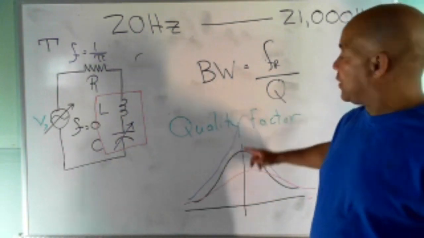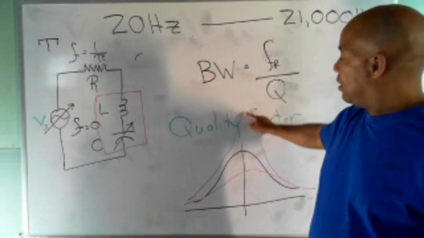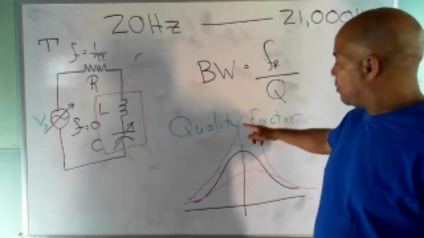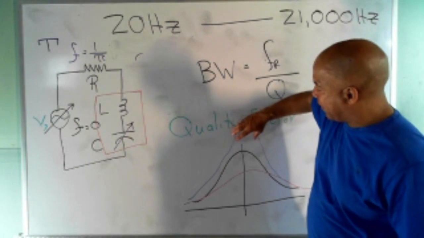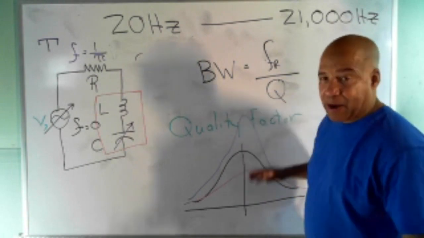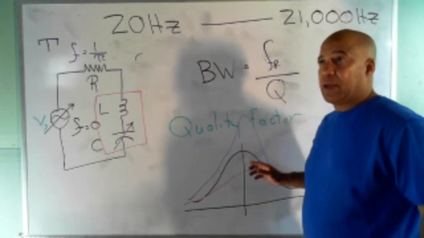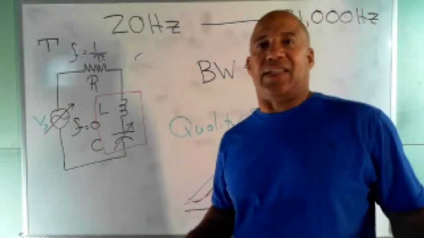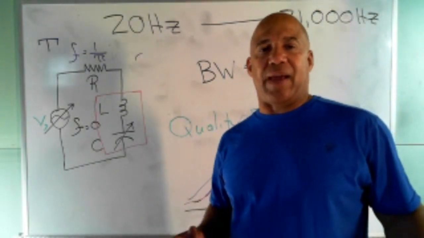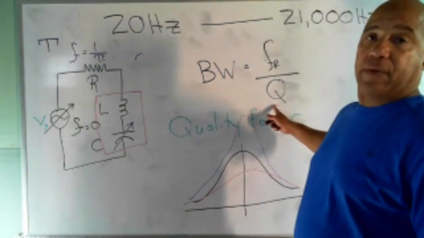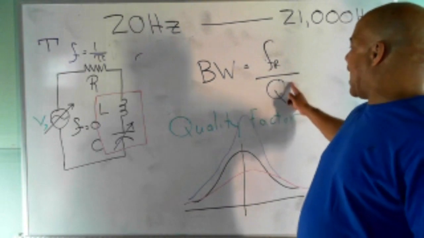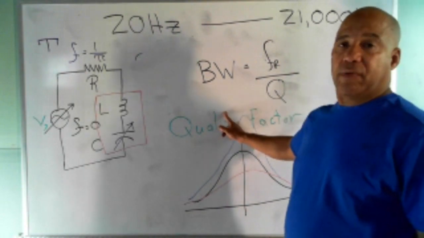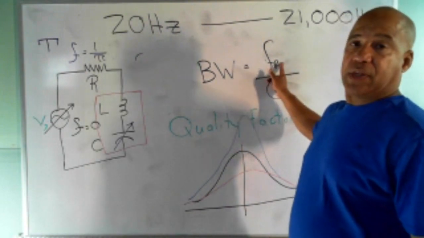So notice the higher the Q, the skinnier the bandwidth. If you took 0.707 of this, you get a skinny bandwidth. And as the Q gets lower, the bandwidth gets wider. So Q is inversely related to the bandwidth. That's what they're showing you here: the higher the Q, the lower the bandwidth for a given resonant frequency.